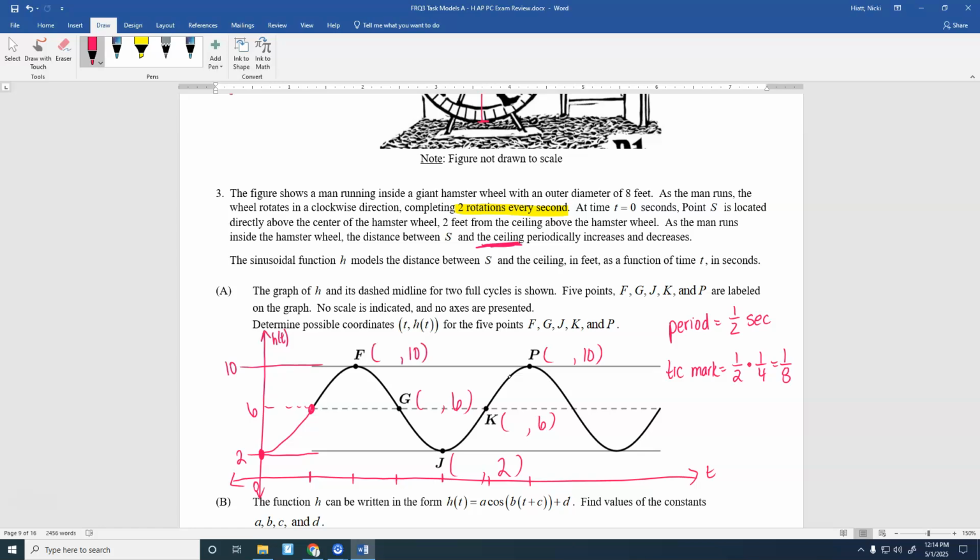by 1/4. So that means this is 0. This is 1/8. This is 2/8. This is 3/8. 4/8. 5/8. 6/8, and so on, but that's as far as we need to go. You can reduce these if you want. You don't necessarily have to.